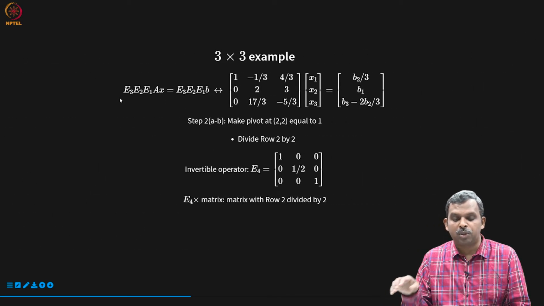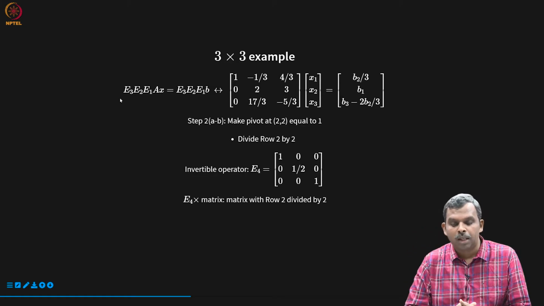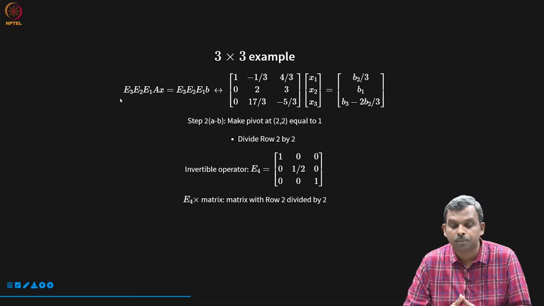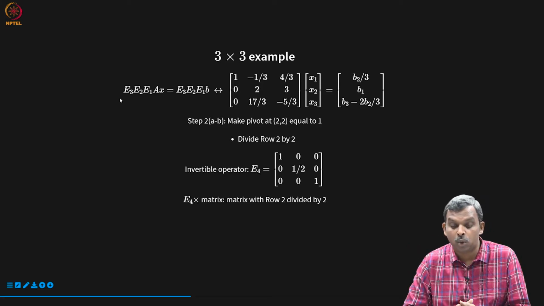So now we'll proceed. I've gone to the pivot 2 2 from the pivot 1 1, and I already see that the pivot is non-zero, so I don't need to do any permutation to make that pivot non-zero. But it is 2, I have to make it 1, so I'll divide by 2. Divide row 2 by 2. I know already now how to get an operator for that.